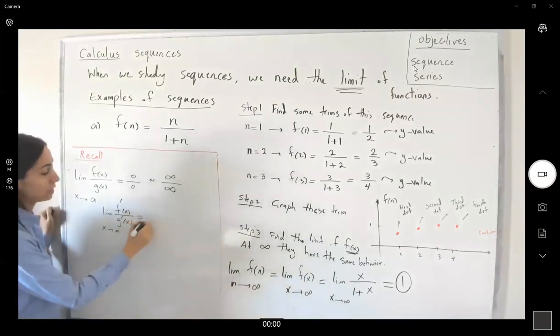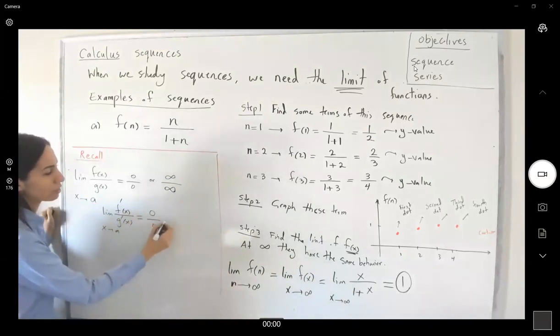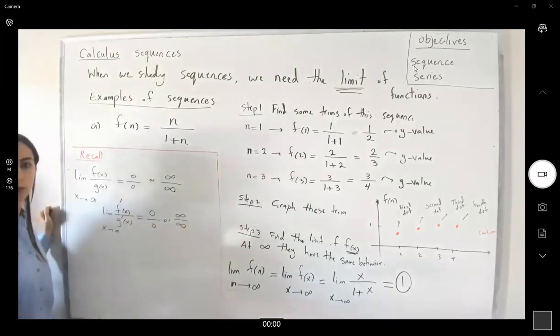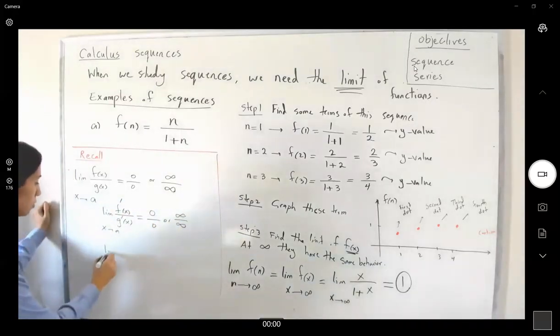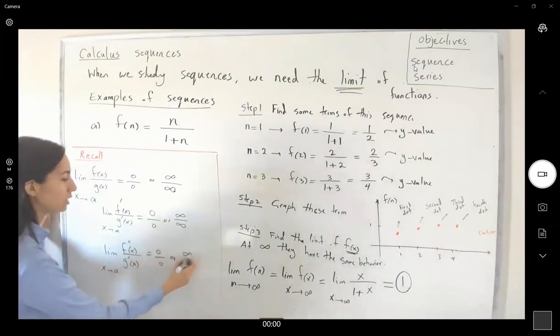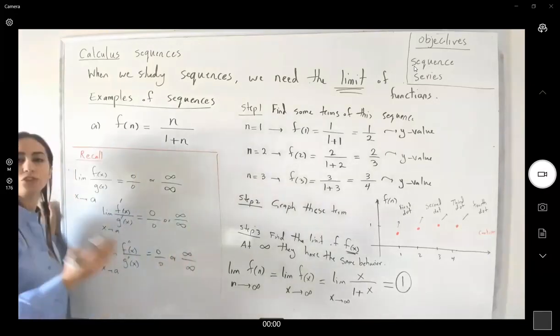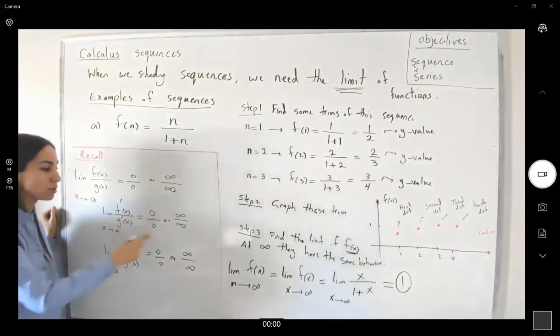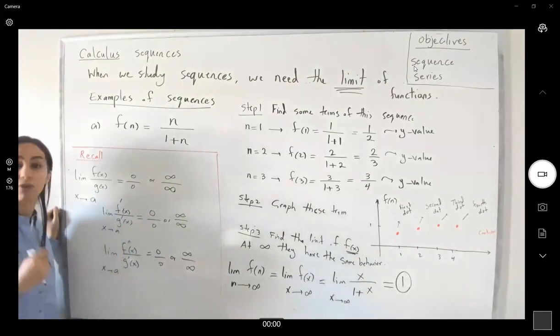And if this again is 0 over 0 or infinity over infinity, you continue this process by taking the second derivatives. L'Hopital's rule says continue taking the derivative until the numerator or denominator is not 0 or infinity.